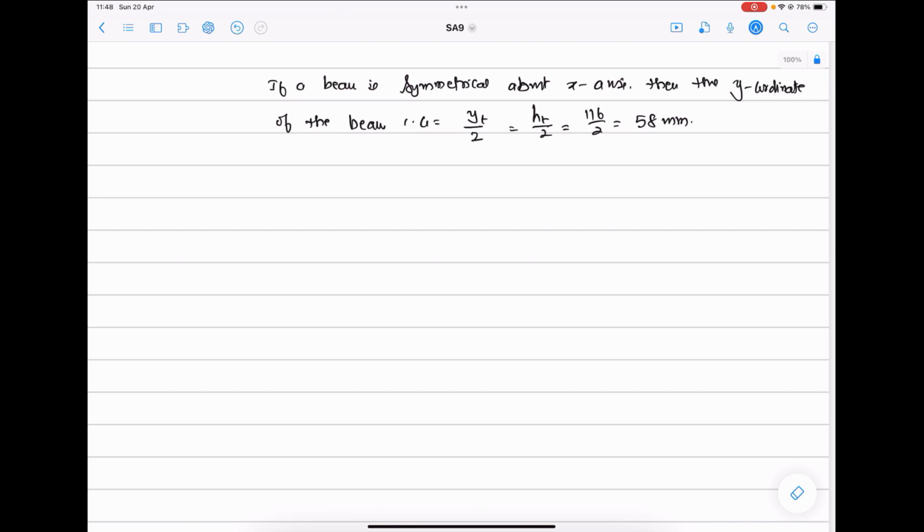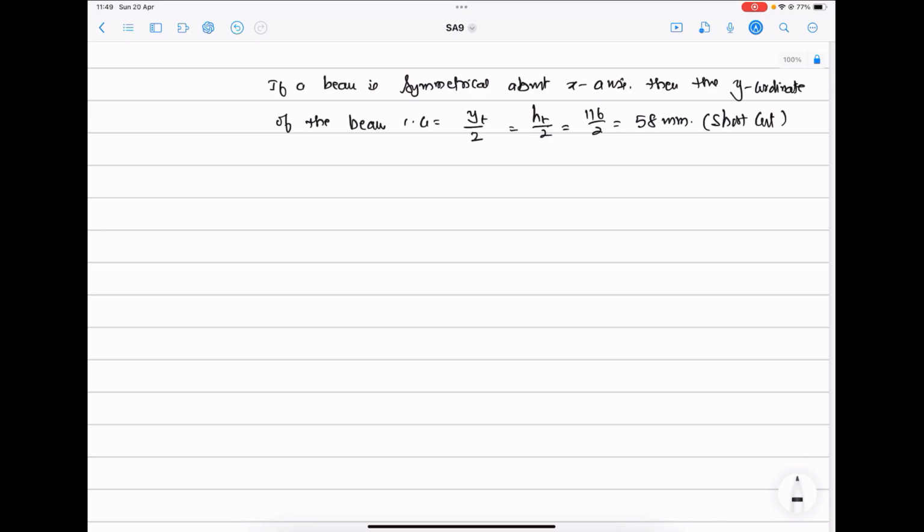This can also be done with the help of calculus. Regular method, it is a shortcut. This is the shortcut I have explained to you, if the particular beam is symmetrical about a particular axis.